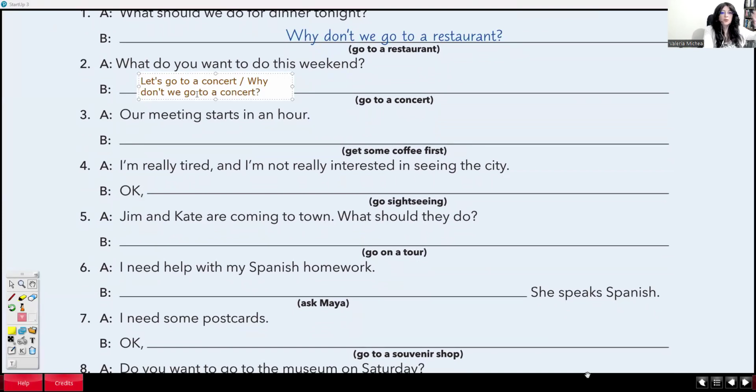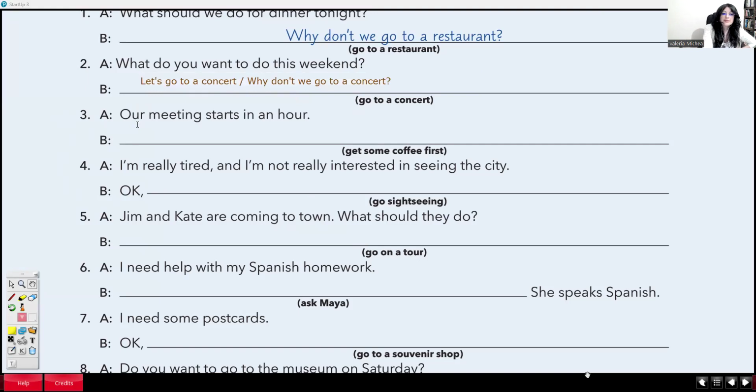If you are asking why don't we go to a concert, you need a question mark. So please don't forget the question mark. Both are possible because they mean the same. So it's possible to make suggestions like that.